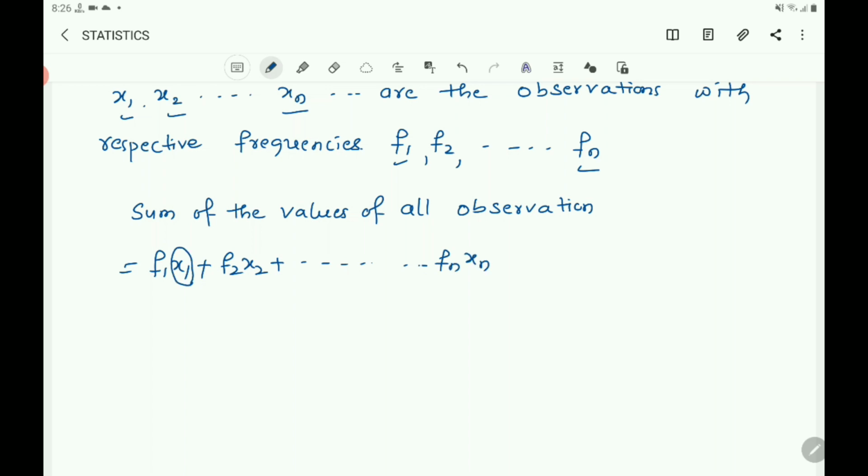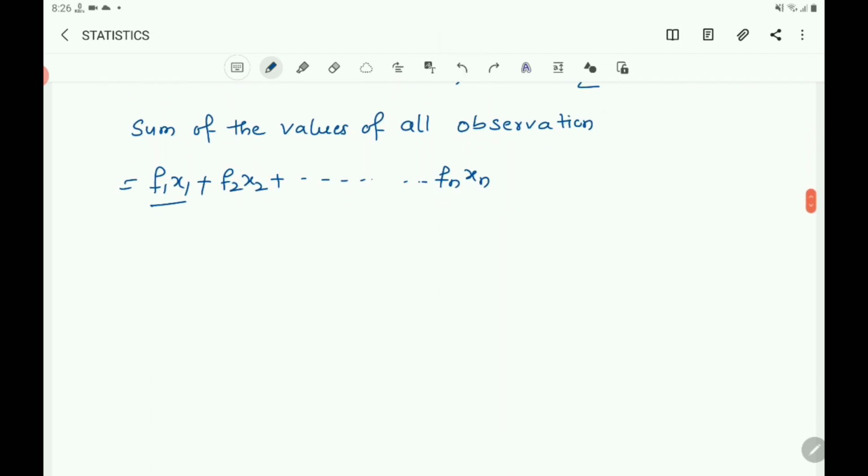Observation x1 occurs f1 times, so the total sum for x1 is f1 x1; for x2 it is f2 x2; and like this, for xn it is fn xn. Totally, the sum of the values of all the observations becomes f1 x1 plus f2 x2 plus so on plus fn xn.